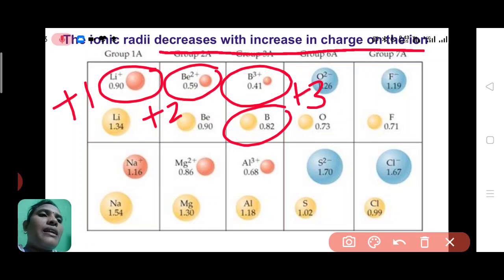So ionic radii decrease greatly because of the increase in positive charge.